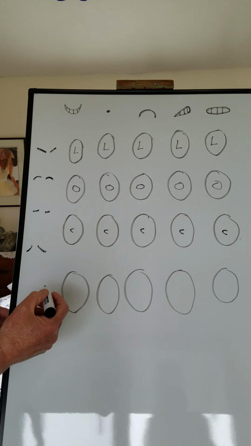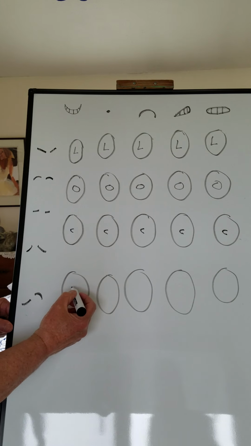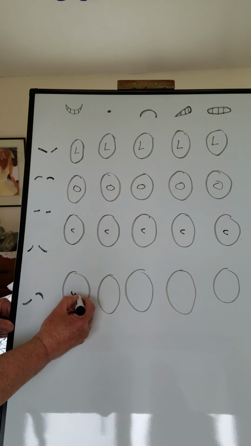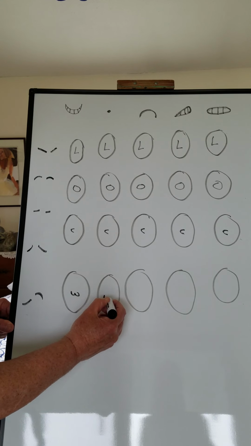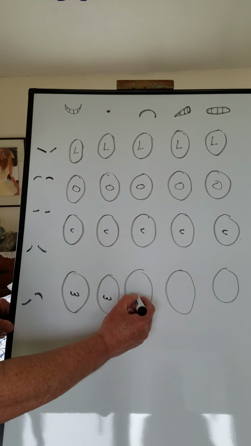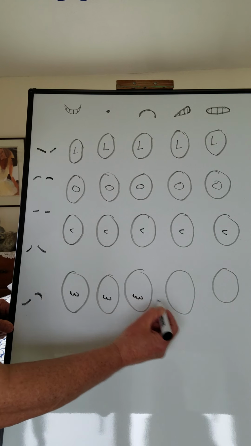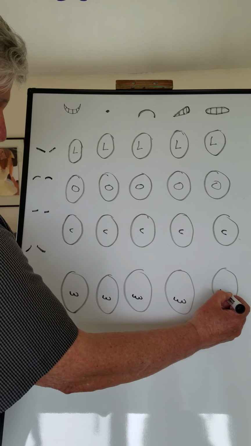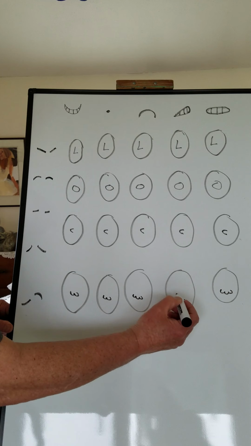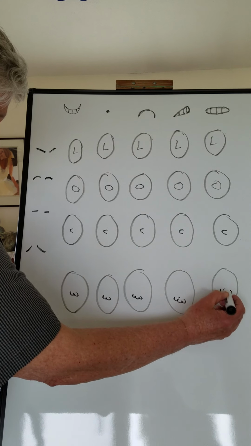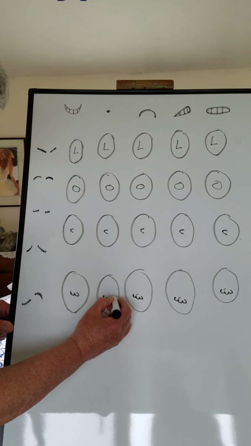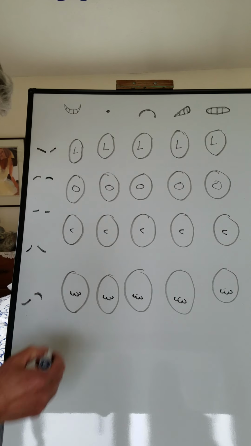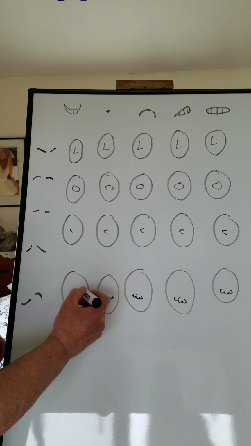And the last one will be a W. Kind of a funny looking nose. Actually, it might be a W with an extra W on it. That way we can have the center part of the nose like that. And then the two side pieces, whatever these little flaps are called. I'm sure they have a name.